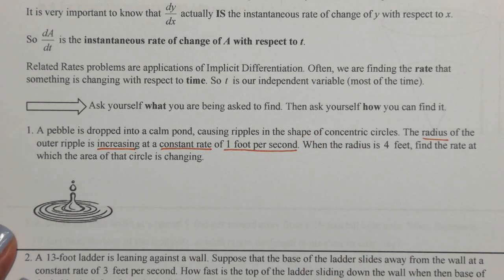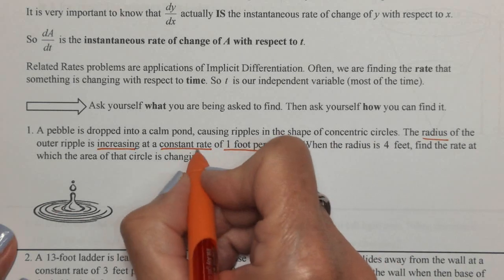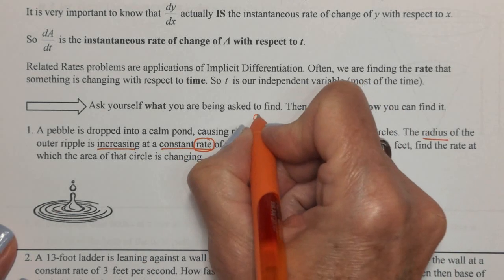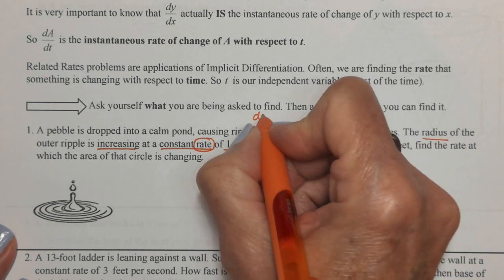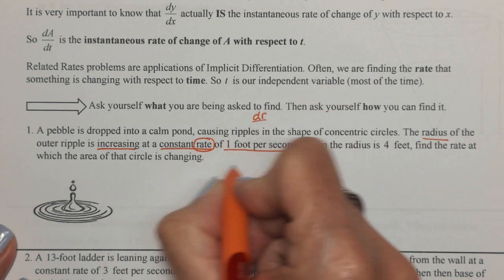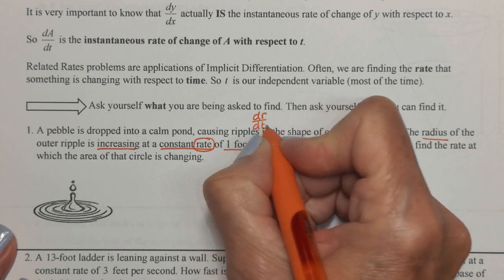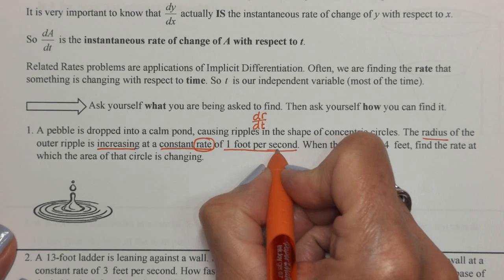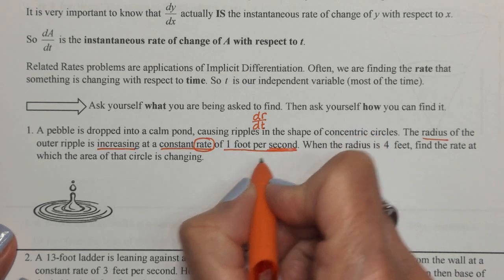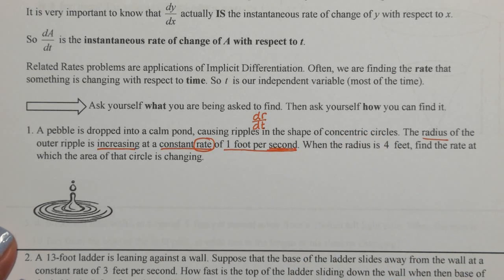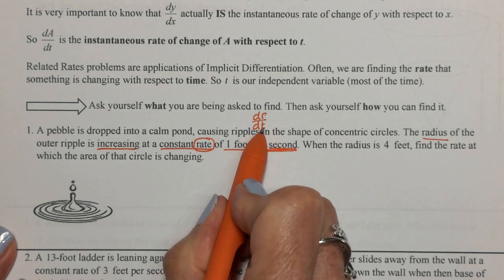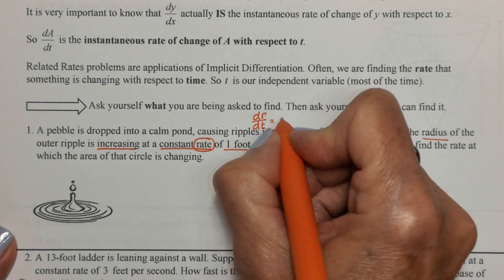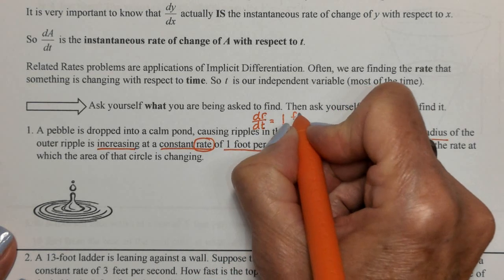They are giving us information there. It's a rate, so I know it's a derivative. That is the derivative of what? It's the derivative of the radius with respect to time. I know it's with respect to time because of that right there: 1 foot per second. Okay? So dr dt here is 1 foot per second.